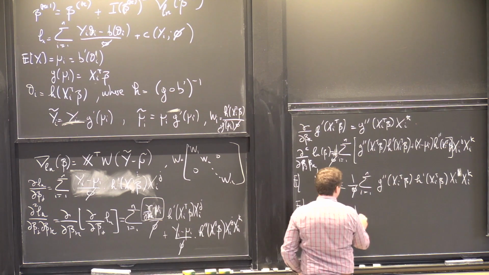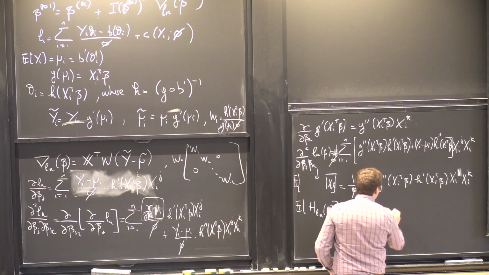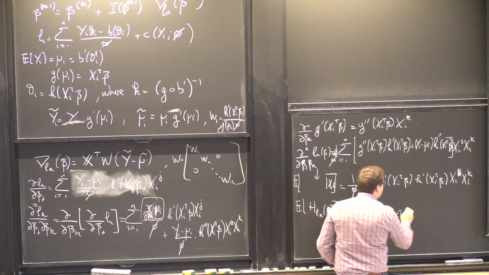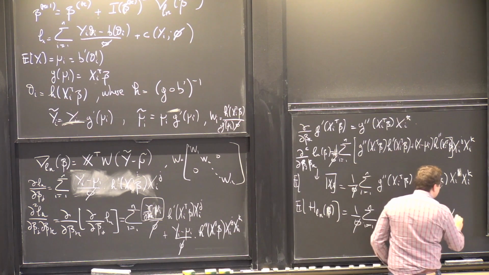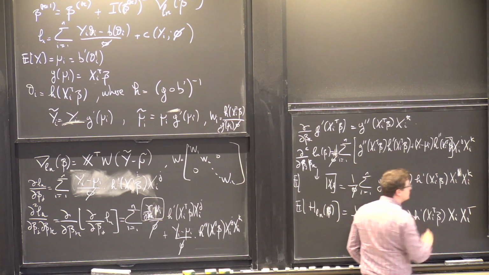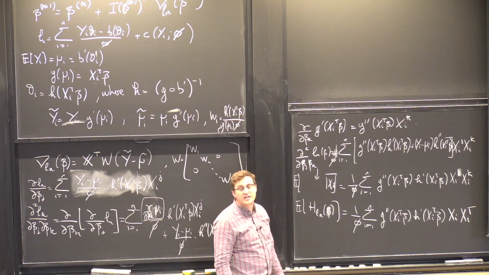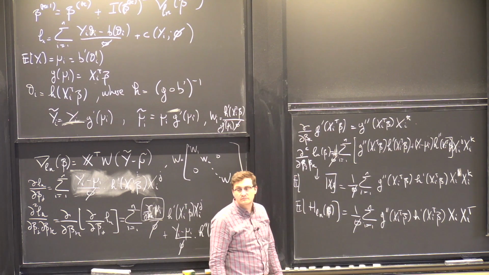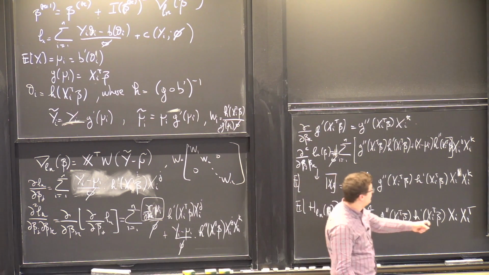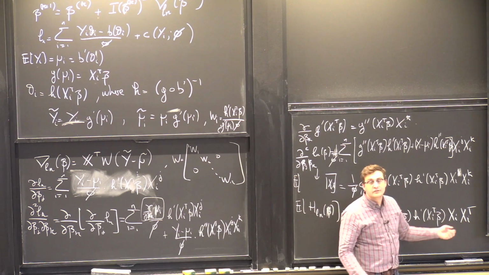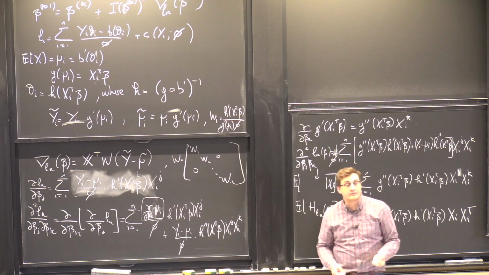So this is 1 over phi, sum from i equal 1 to n of g prime prime of xi transpose beta, h prime of xi transpose beta, xi xi transpose. And that's for the entire matrix. Here, that was just the jkth entries of this matrix. And you can just check that if I take this matrix, the jkth entry is just the product of the jth coordinate and the kth coordinate of xi.